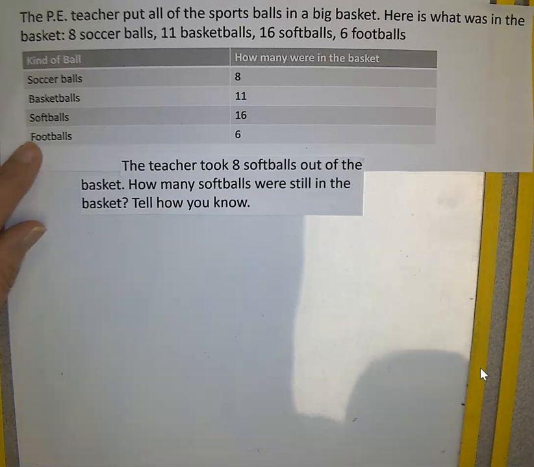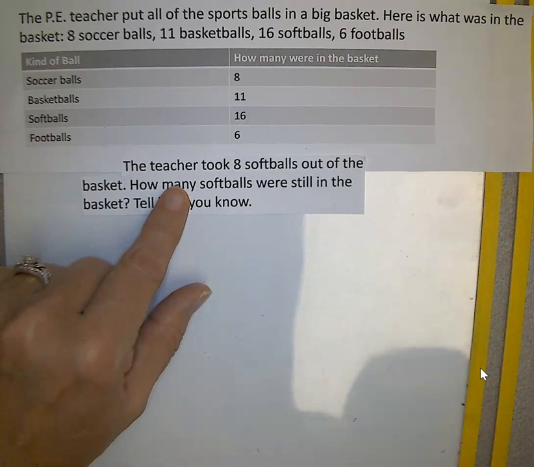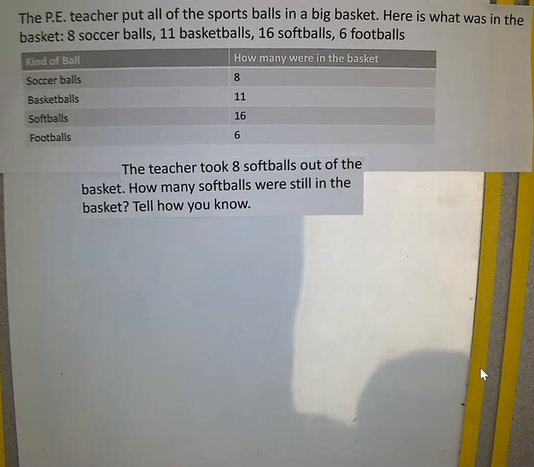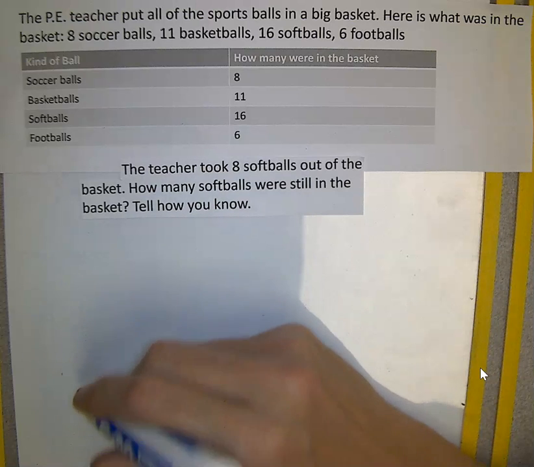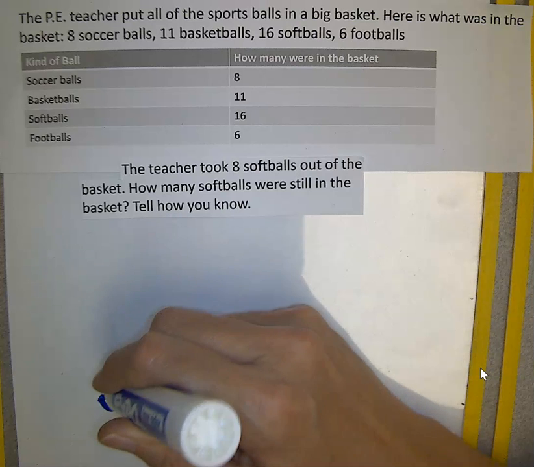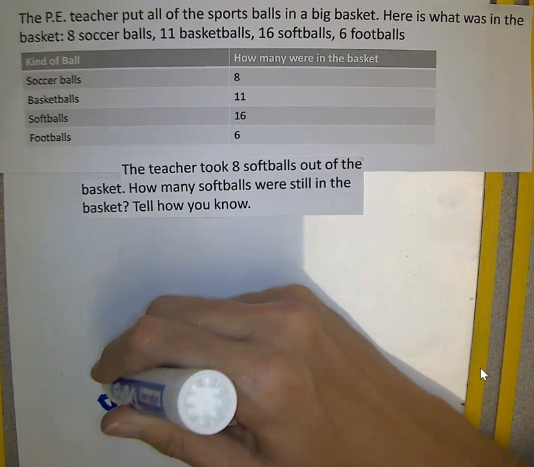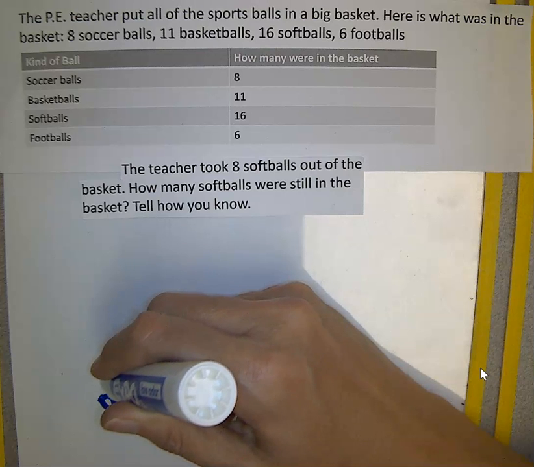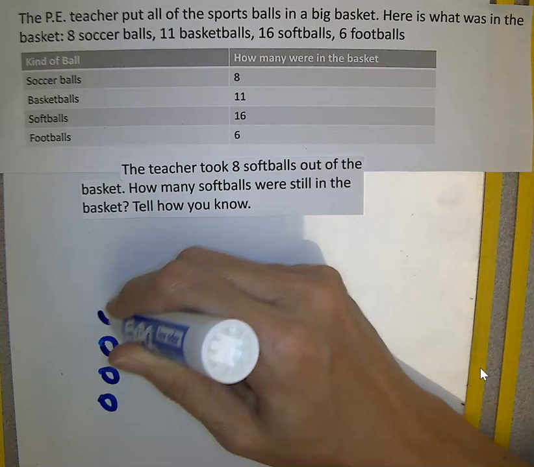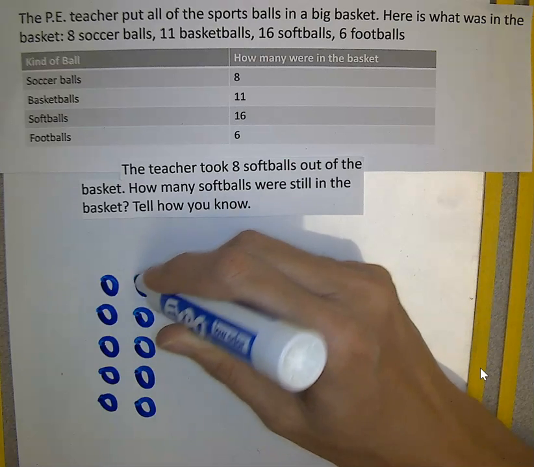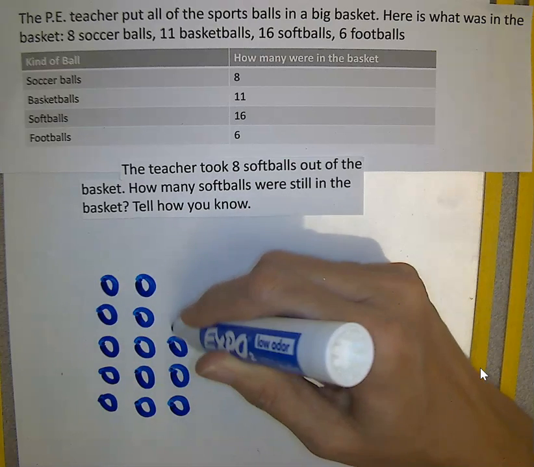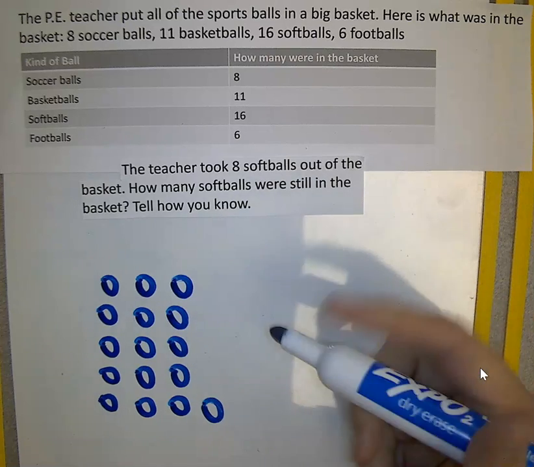If there were 16 in the basket to begin with, how can I represent that? I can draw them or I can use objects. I'm going to draw them today. How many were in the basket? That's right, there were 16. I'm just going to go ahead and represent them by drawing circles. 1, 2, 3, 4, 5, 6, 7, 8, 9, 10, 11, 12, 13, 14, 15, 16.